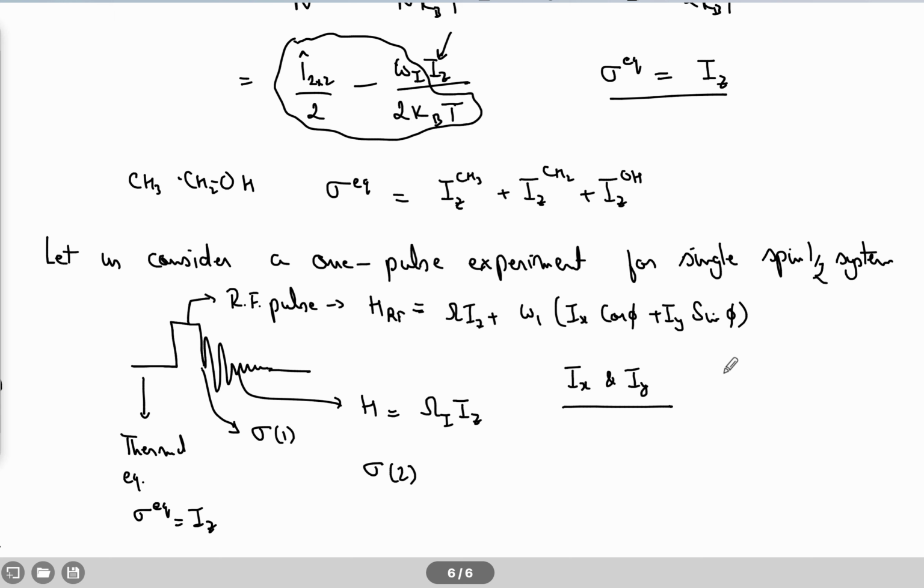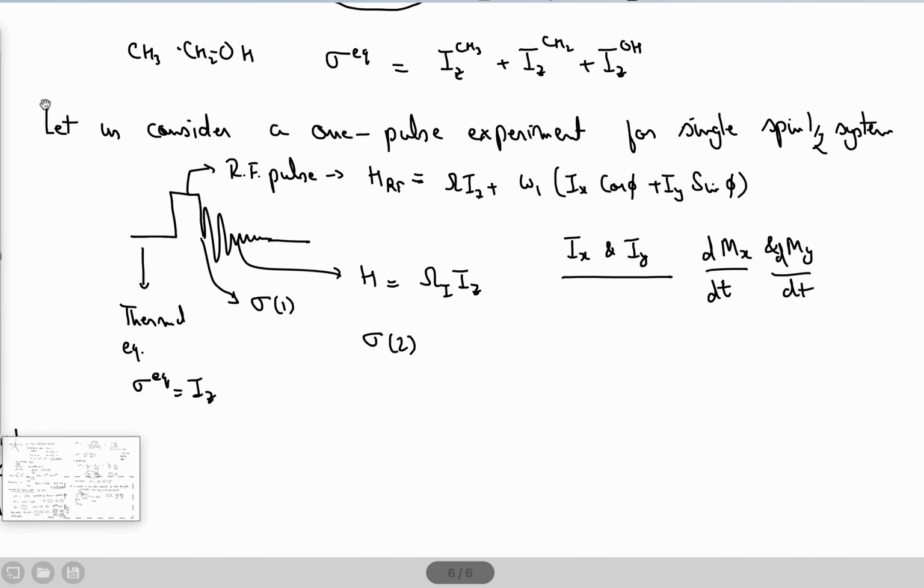Like in the Bloch description of NMR, we were interested in understanding the evolution of Mx and My, that is, finding dMx/dt and dMy/dt. Here we will be looking at the expectation values of Ix and Iy, which is basically given by the I plus operator.